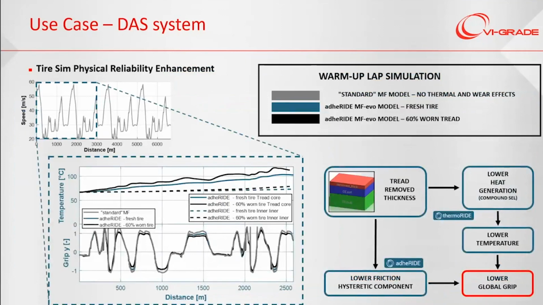To better understand, the following slides show the differences between the standard Magic Formula and the AdeRide model during our map lap. The latter, in fact, takes into account the effect of temperature and wear on tire performance in real time.